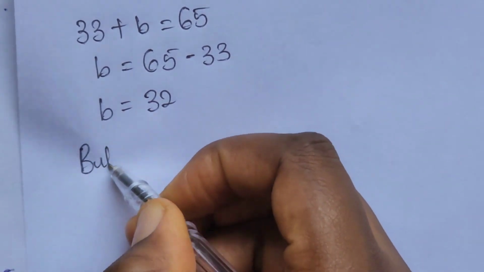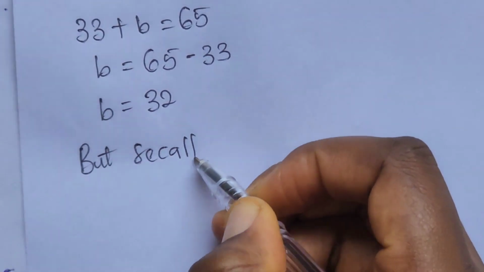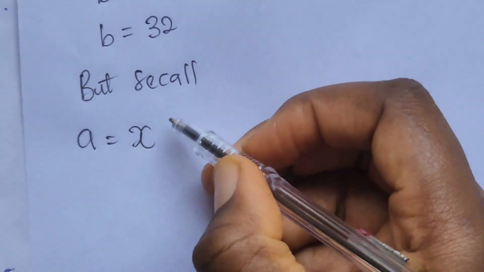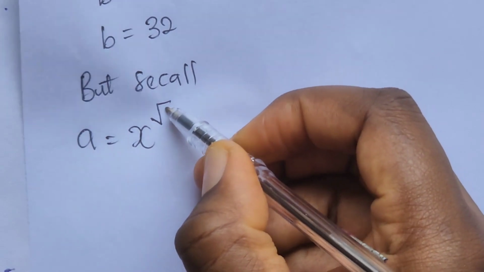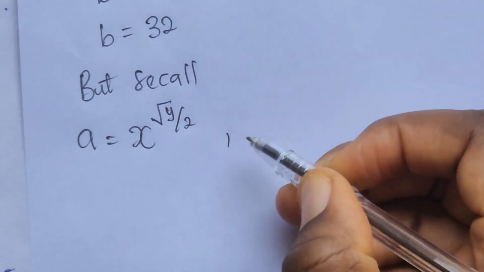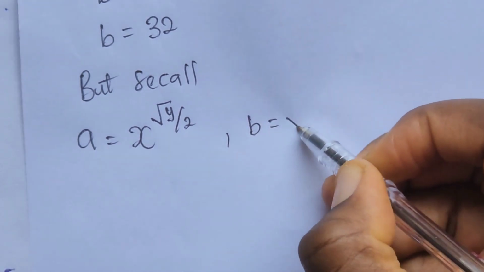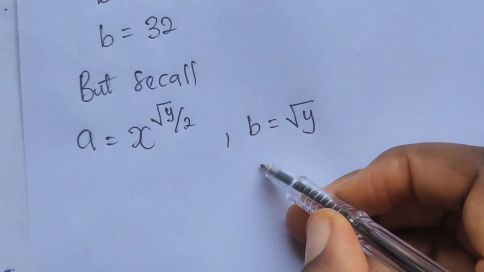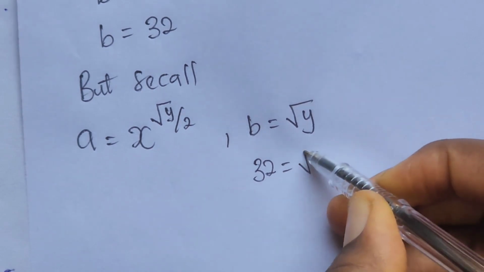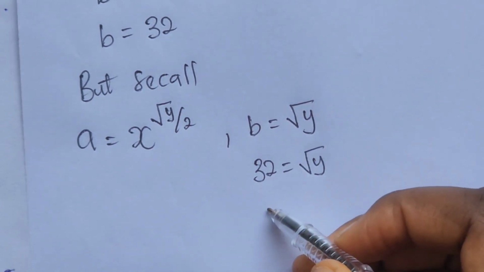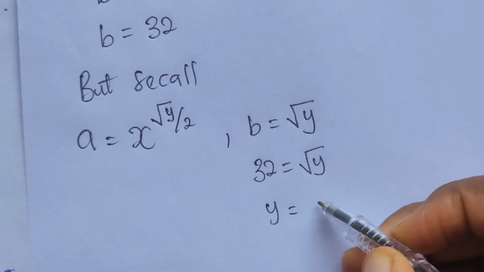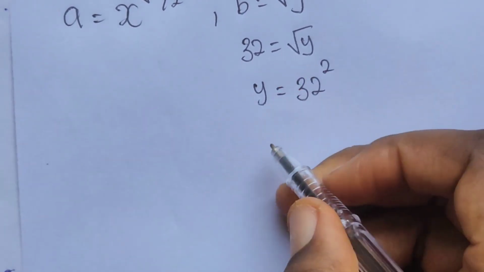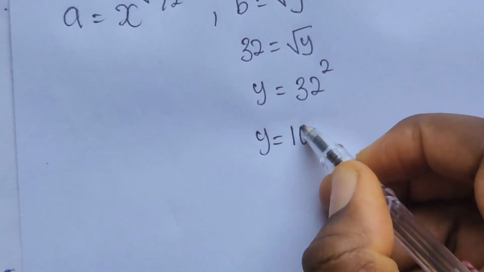But let's recall that a is equal to x to the power of root y over 2 and b is equal to root of y. So if b is 32, we have 32 to be equal to root y. So we have y to be equal to 32 all squared. So our y is equal to 1024.